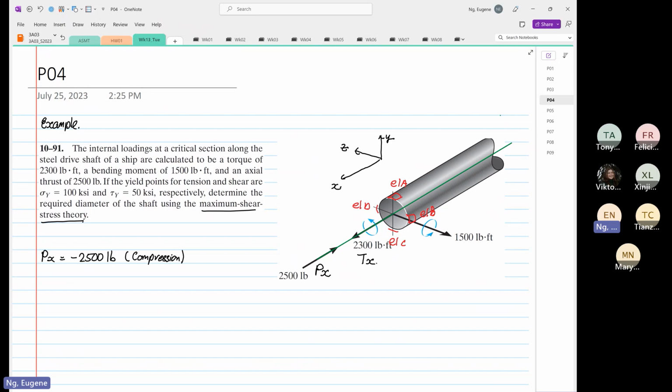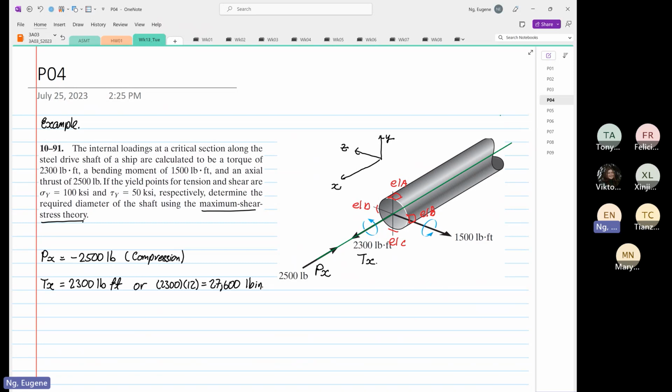So now we know that there is a torque along the x-axis, and it's rotating at 2,300 pound-feet, or you have to do 2300 multiplied by 12, which is equal to 27600 pound inch.